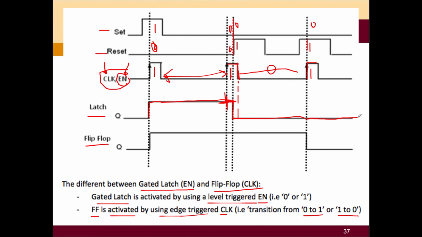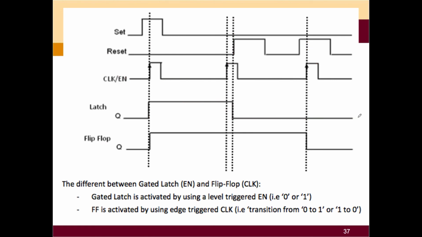Now let's take a look at your flip-flop. What's going to happen? By default, as I mentioned, for the clock of your flip-flop, you're going to pick the positive edge, which is whenever the clock changes from low to high. When it's here, you're going to trigger the value.